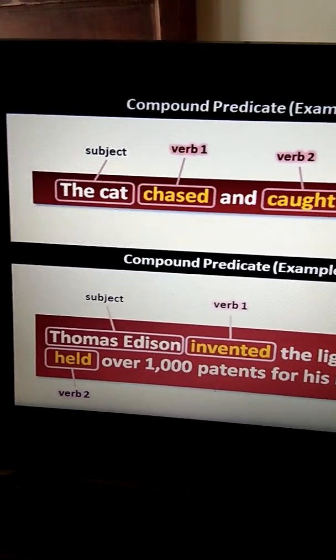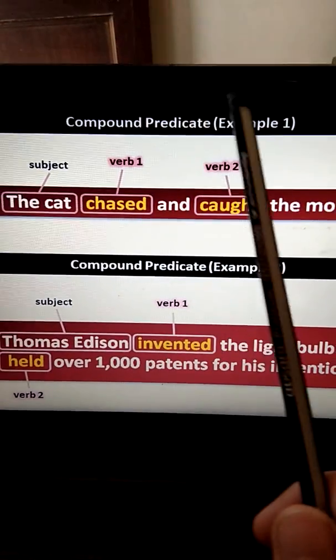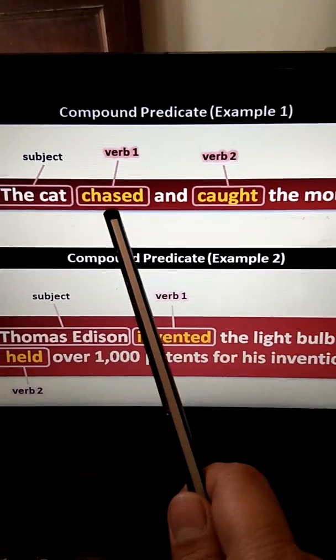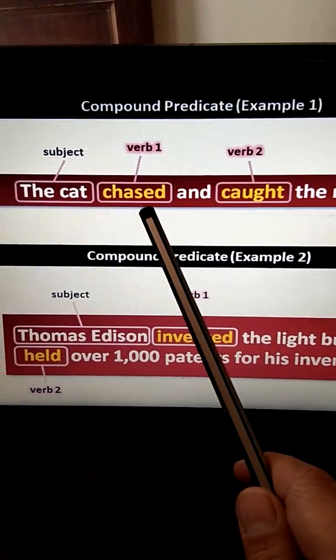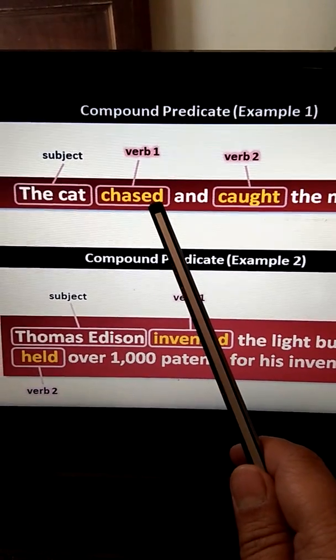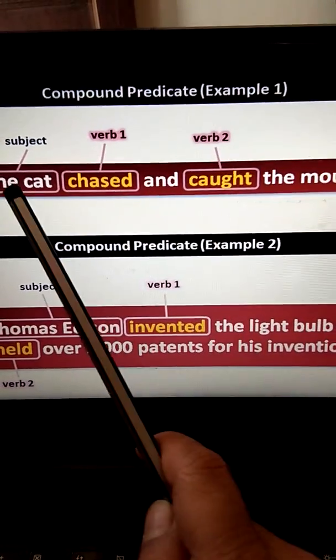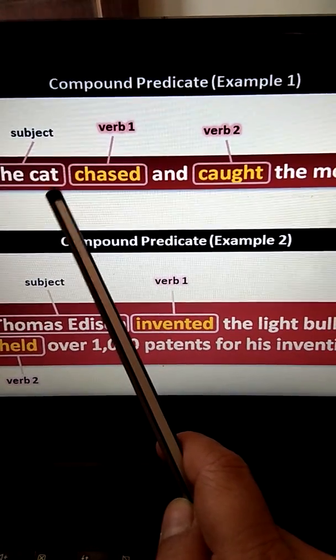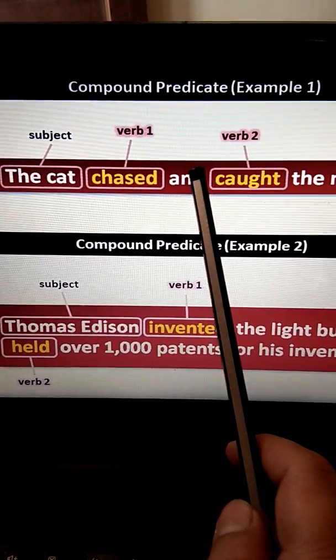So it is performing two actions, chasing and catching. So chased and caught the mouse. This is verb 1, that is action 1 done by the subject, and this is action 2 done by the subject, the cat. These two actions are joined by this joining word and.